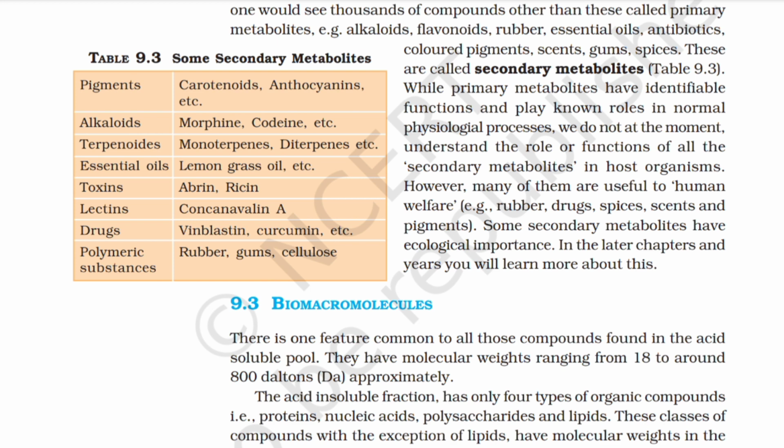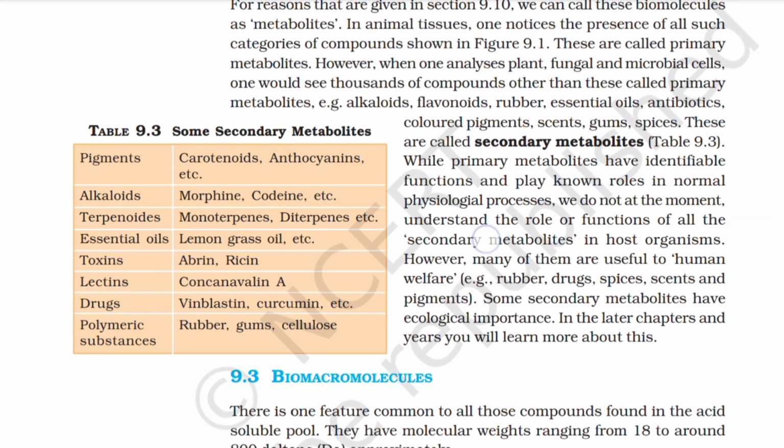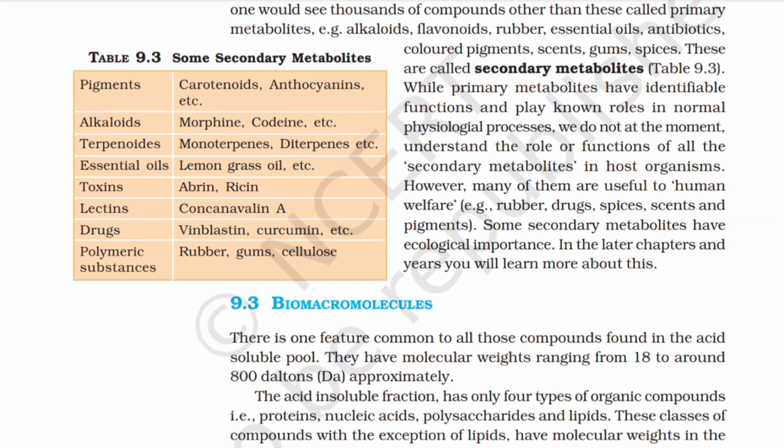Pigments: carotenoids, anthocyanins, etc. Alkaloids: morphine, codeine, etc. Terpenoids: monoterpenes, diterpenes, etc. Essential oils: lemongrass oil, etc. Toxins: abrin, ricin. Lectins: concanavalin A. Drugs: vinblastine, curcumin, etc. Polymeric substances: rubber, gums, cellulose.